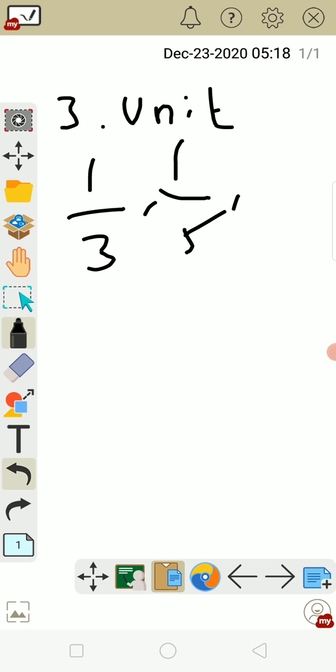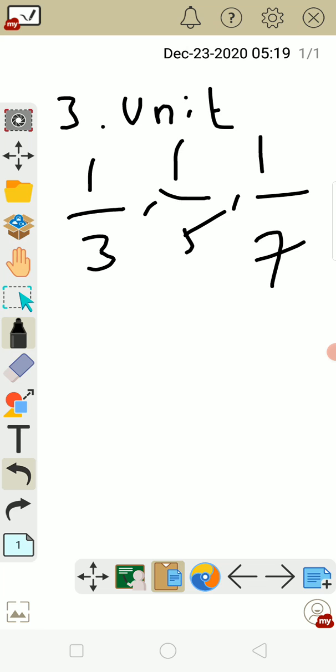This is all for our one mark questions. Define unit fraction. What is unlike fraction? What are like fractions? We need to give the definition and an example also. It's very important. These are 1 or 2 mark questions, and fill in the blanks may also come from this.